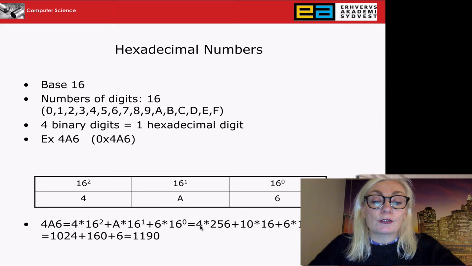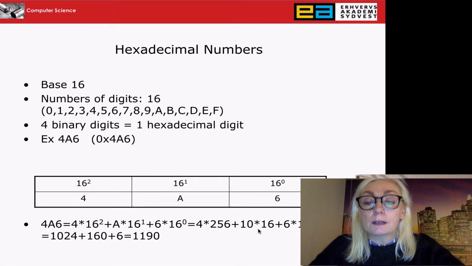So here, this is 4 multiplied with 256, which is 16 multiplied with 16, plus 10. A here is 10, because here we have 9, 10, 11, 12, 13, 14, 15.